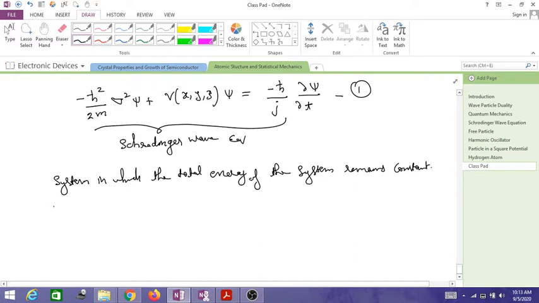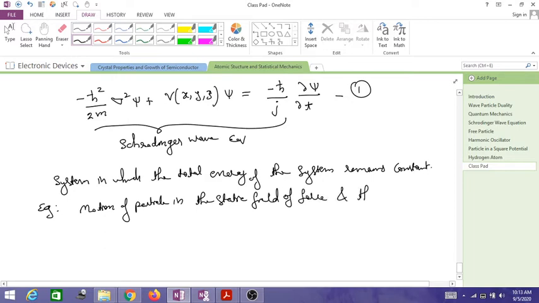If you consider an example here, you can consider the motion of a particle in a static field of force, and the motion of an electron in a hydrogen atom.